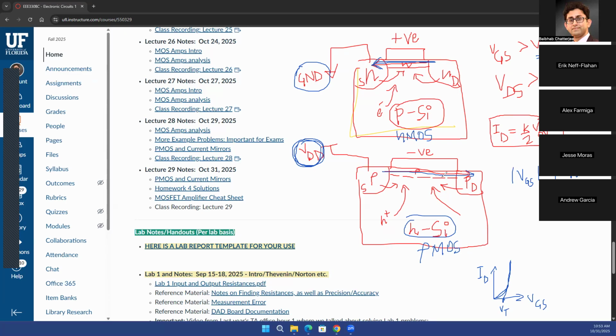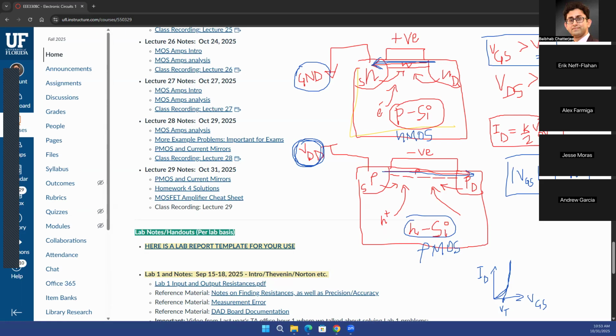But if you take the absolute value, then of course you need to be more positive than the threshold voltage in terms of the absolute value of VGS, which was exactly the same equation for the NMOS, but without the absolute sign, because VGS was already positive and VT was also already positive. In this case, the only difference is that your VGS is negative, your VT is also negative, but the equation remains the same if we just take the absolute values.